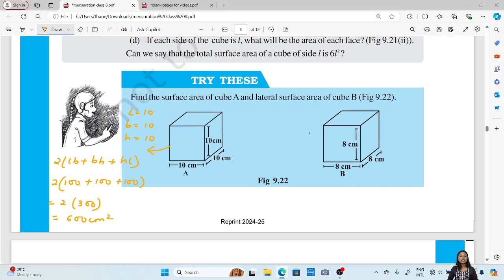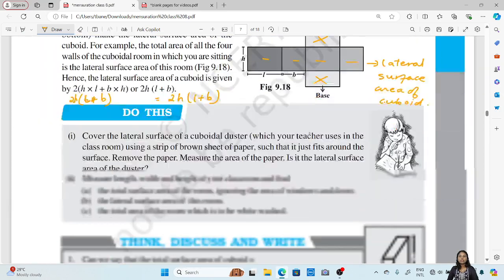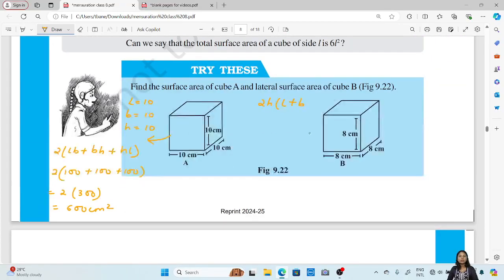Now you have to find the lateral surface area of cube B. In that case, we said it is 2h(L plus B). Now in this case we know H is 8, L is 8 and B is also 8.